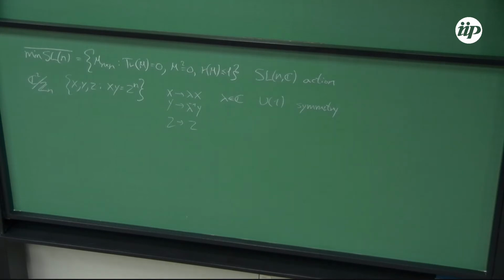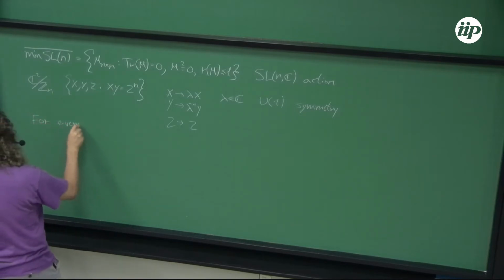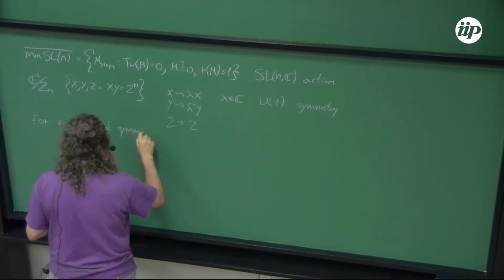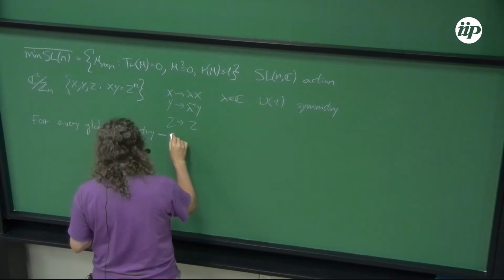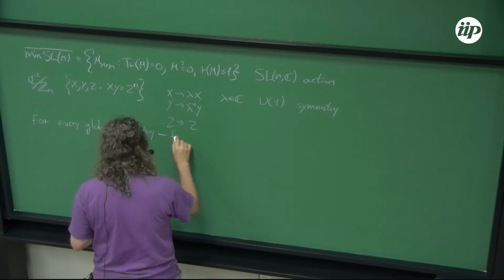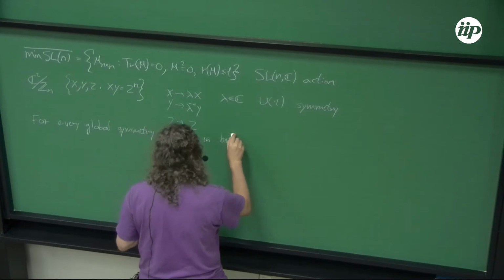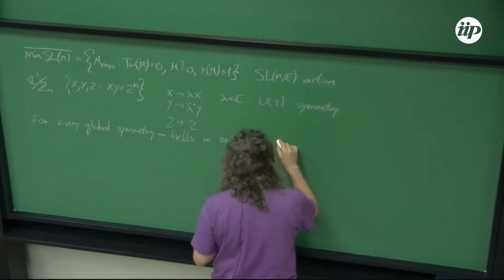Any questions about that? Now here, the next point is a conceptual point, that for every global symmetry, we have fields in background vector multiplets.